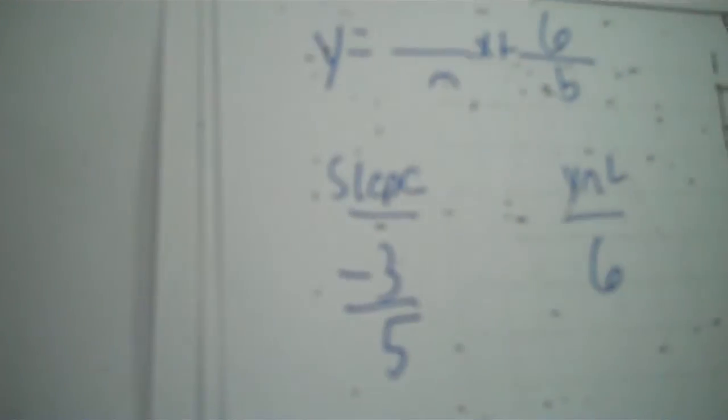Right there, that's a little bit off, so I'm going to go down further. Okay. So I have to go down 1, 2, 3. So negative 3 because I went down, that's why it's a negative. Then 1, 2, 3, 4, 5. So negative 3/5. There you have it.